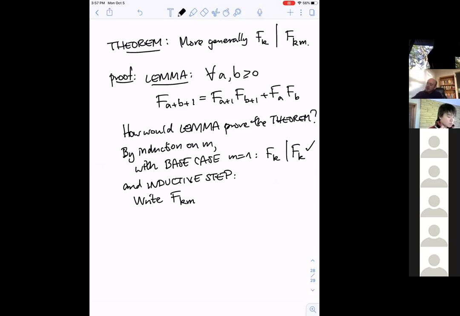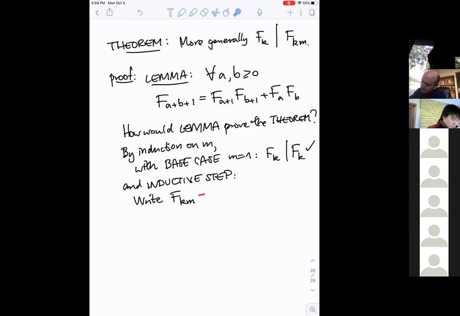I'm going to write that subscript km in this form for a particular choice of an a and a b that works well. This is going to save me from the mucking around that I had to do with the F5. The argument that we did with the F5 is going to be encapsulated in this step here.